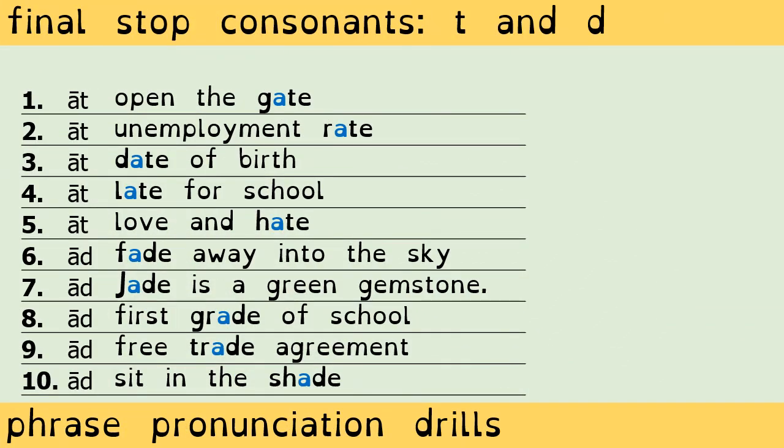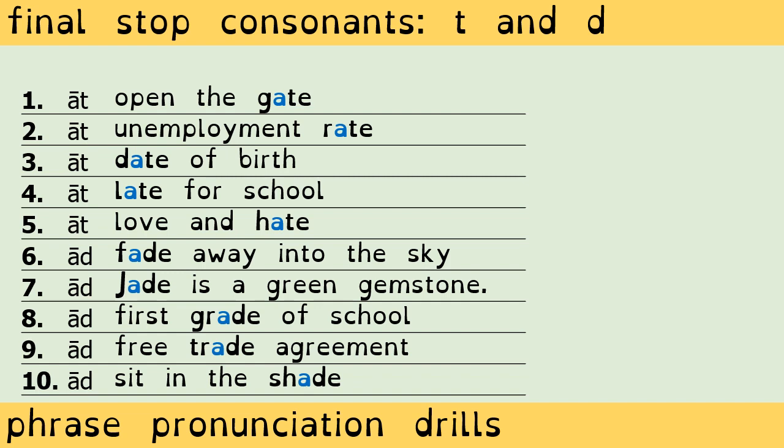Let's practice with the long A sound. 1. Ate. Open the gate. 2. Ate. Unemployment rate. 3. Ate. Date of birth. 4. Ate. Late for school. 5. Ate. Love and hate. 6. Aid.